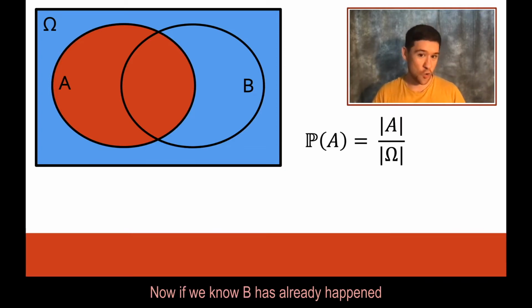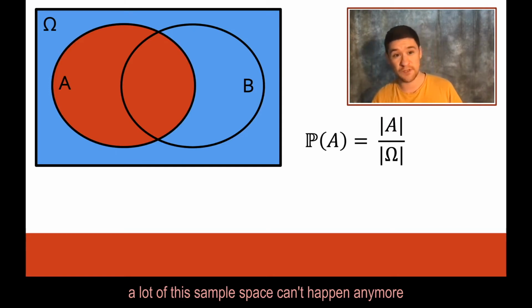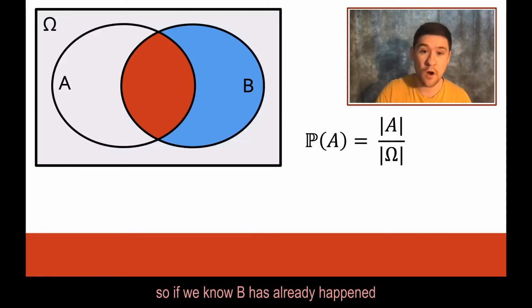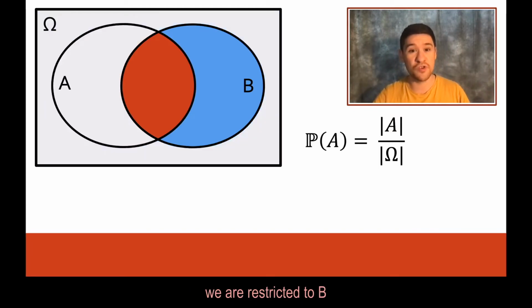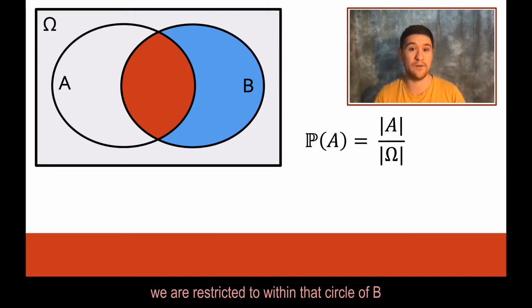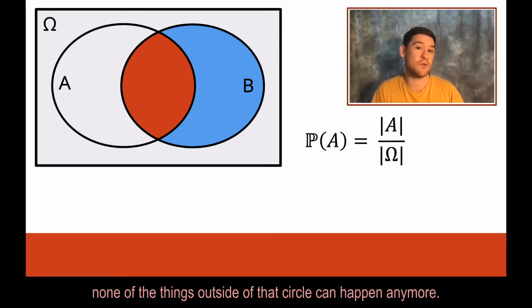Now, if we know B has already happened, a lot of this sample space can't happen anymore. So if we know B has already happened, we are restricted to B. We are restricted to within that circle of B. None of the things outside of that circle can happen anymore.